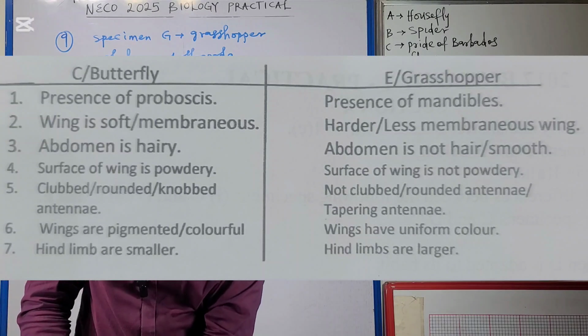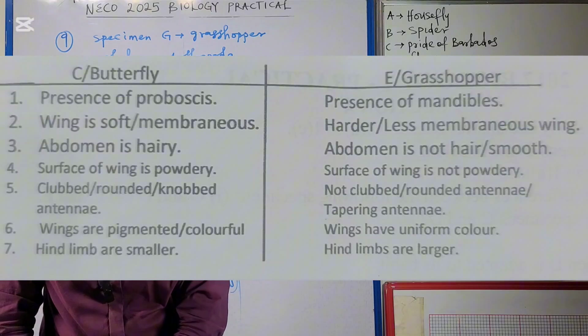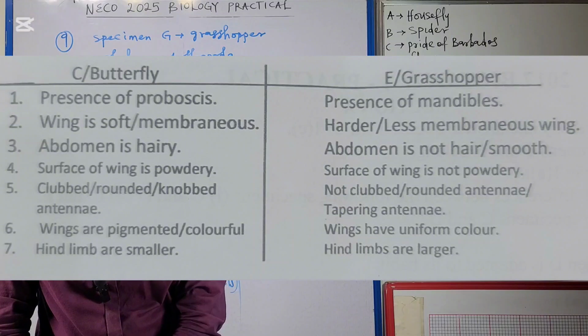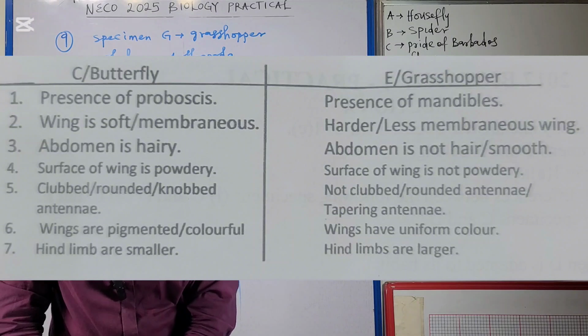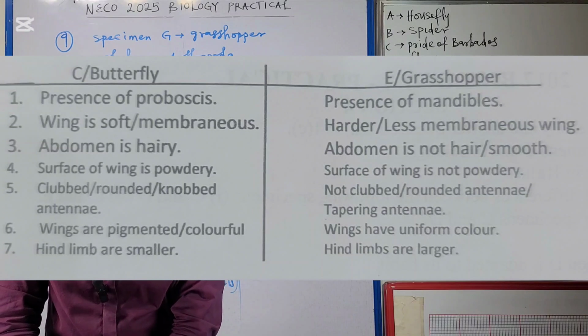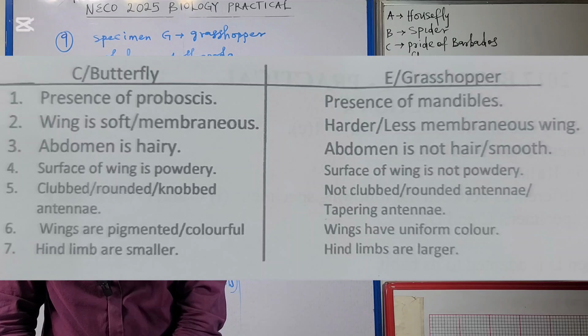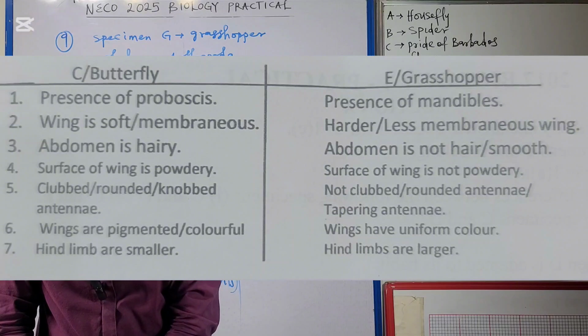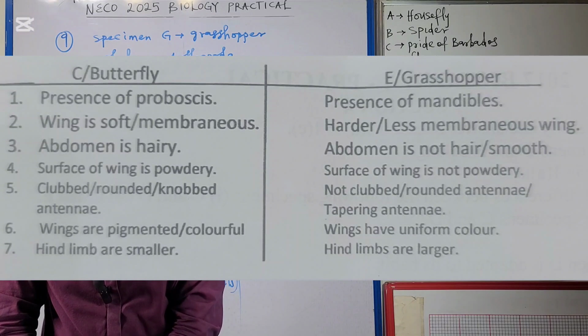Look at the diagram very well. It has a tapering antenna. For the butterfly, the wings are membranous or soft, but for the grasshopper, the wings are harder. For the butterfly, the surface of the wing has scales, but the grasshopper's wing surface does not have scales.